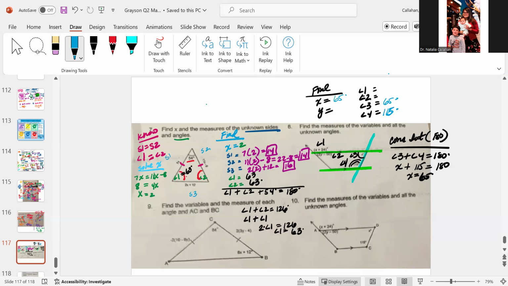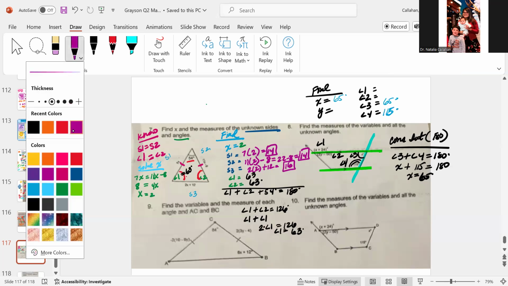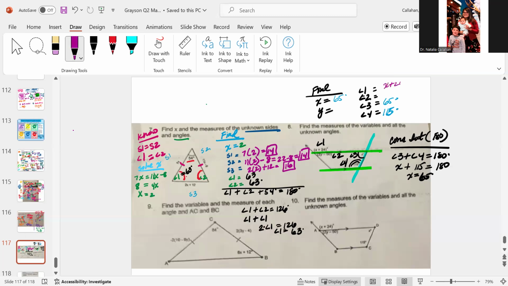Now that you have x equals 65, what's another angle that you can find that also has a letter x in it? x plus 24. I don't know. That's angle 1. So x plus 24 is 65 plus 24, which is 89 degrees. So angle 1 equals 89 degrees.